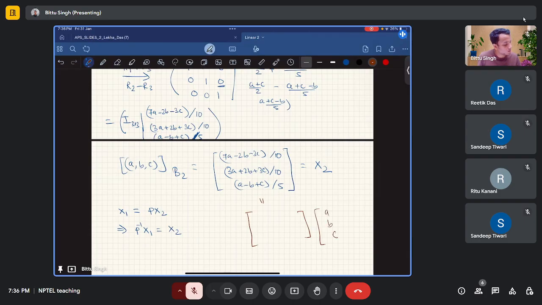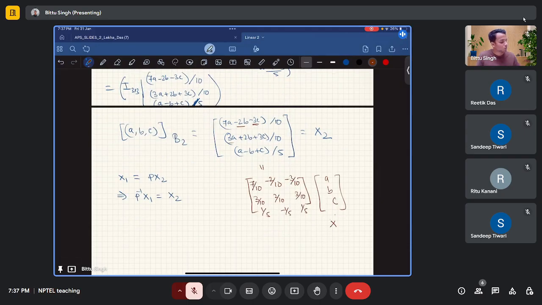ABC times the coefficients: the first one will be 7 by 10, then minus 2 by 10, then the third one will be minus 3 by 10. Similarly, 3 by 10, 2 by 10, and 3 by 10. Apply the same procedure, 1 by 5, minus 1 by 5, plus 1 by 5. So x2 can be written as this, but note this was x1, right?